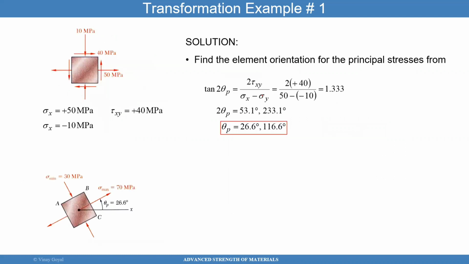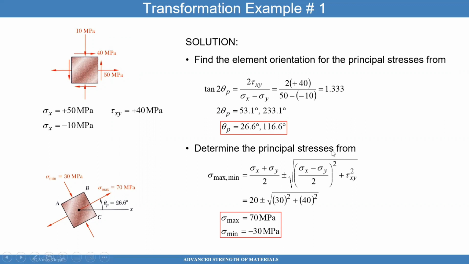I just substitute it in. Tau xy is 40, sigma x is 50, sigma y is minus 10 because it's going against the surface, and that gives me 1.33. I use a calculator, and I get that theta p can occur at two different angles, 26.6 and 116 degrees.